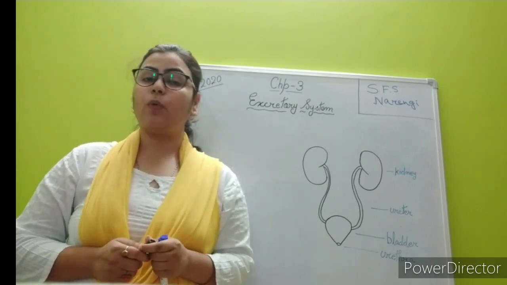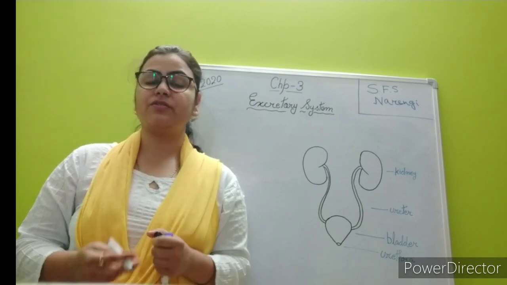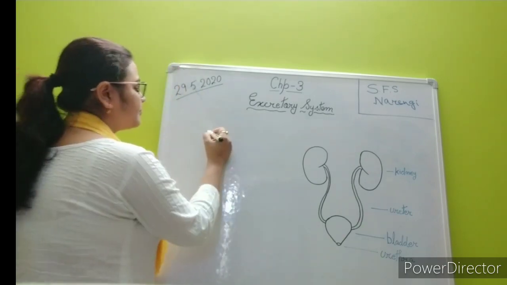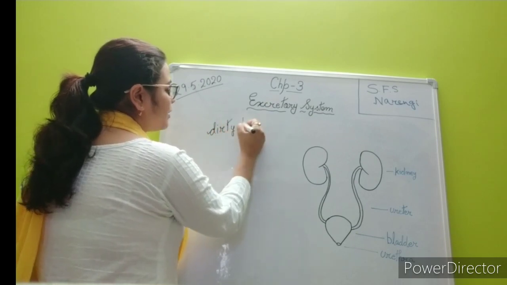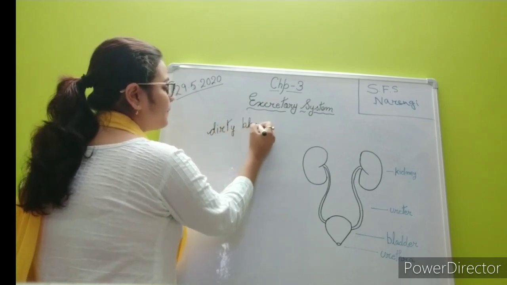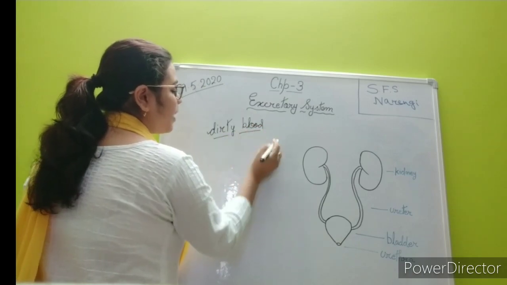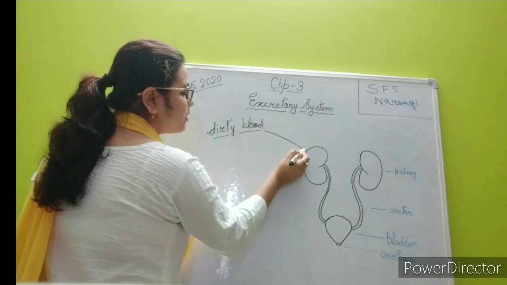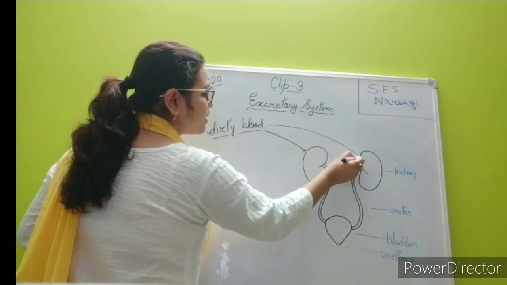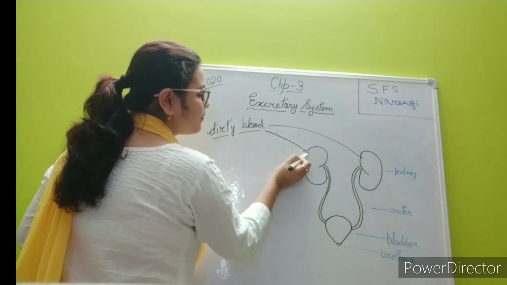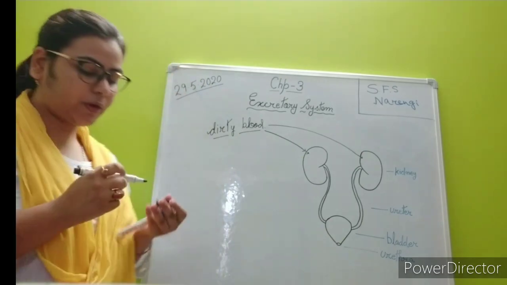Once it has collected all the waste materials, the blood becomes dirty. See, I am drawing the dirty blood with black ink. So the dirty blood goes into the kidney. It enters the kidney.